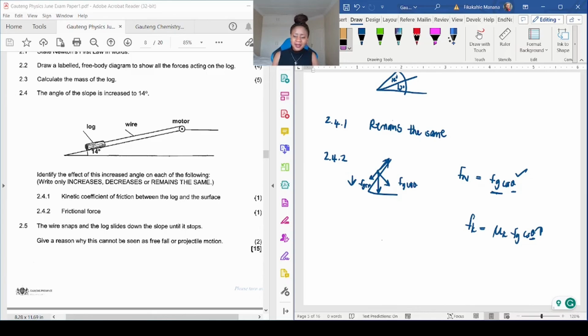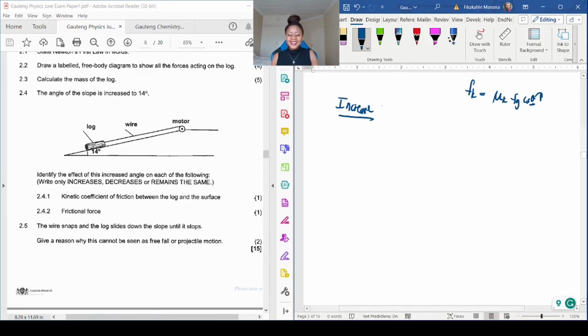Tell me what you think. I say it increases. If there wasn't any tension there, it would decrease. But what do you say? If you have an opposing view, please let me know so that we can conclude this matter.